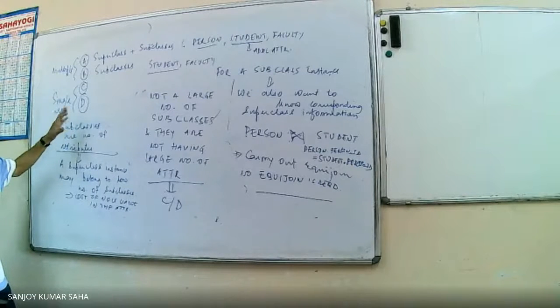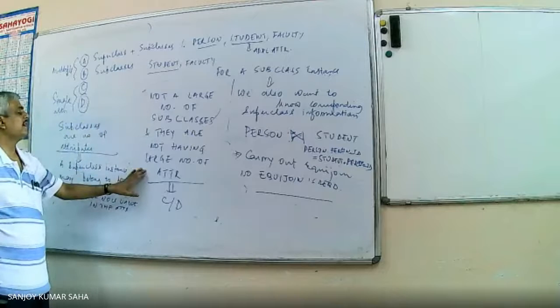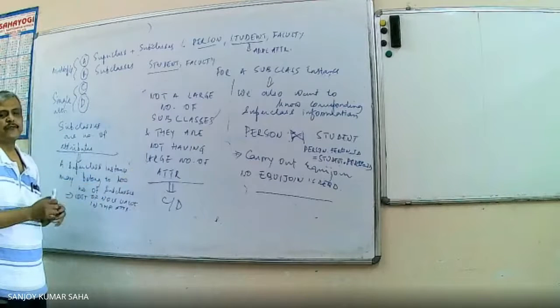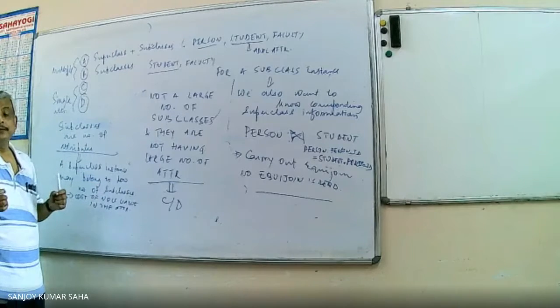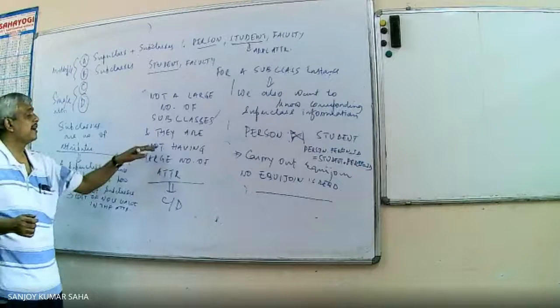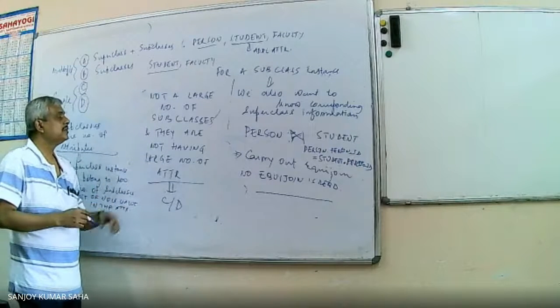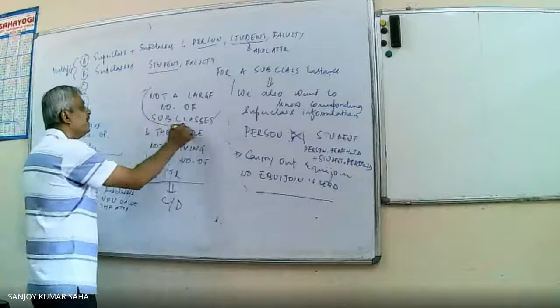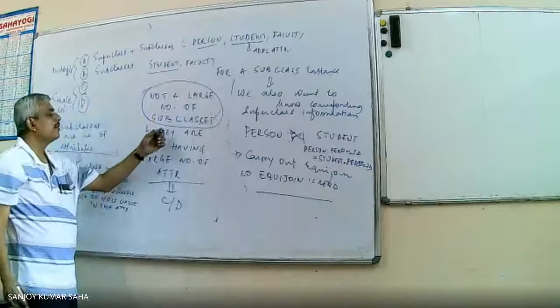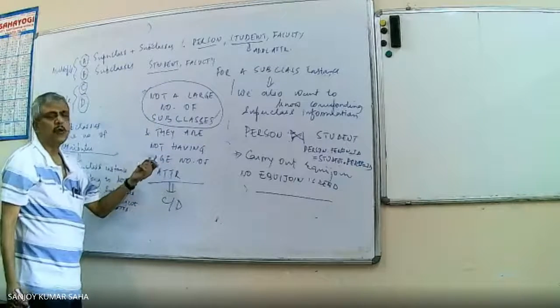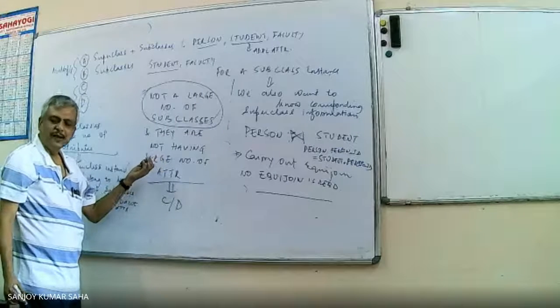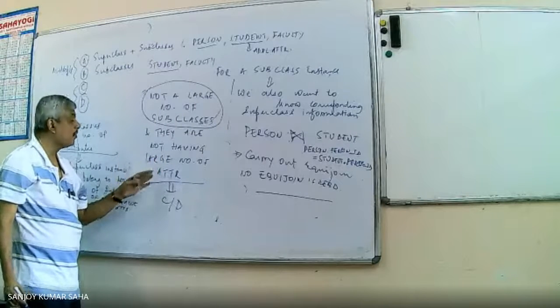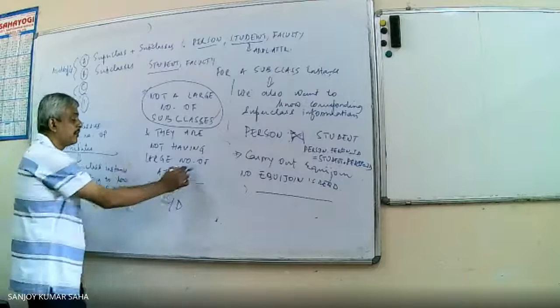Because it has the advantage that I don't require any equijoin, I don't require any outer union also. But it is important that the number of subclasses is not very large, and they are not having many attributes. I can even ignore this if the subclasses have only 1 or 2, very few, or even no additional attributes.